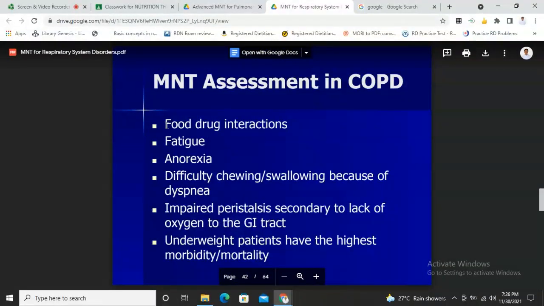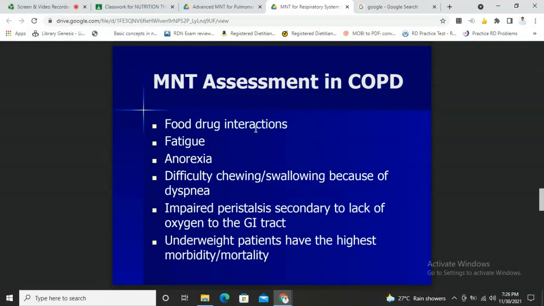Again, we have to be aware of the food-drug interactions, no. This list of food-drug interactions we will discuss in MNT2, but you can read in advance about this in the e-books that I sent. Okay, and look for those drugs that are usually used to manage respiratory disorders.